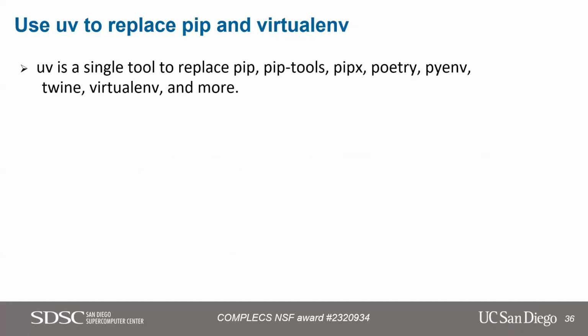And here I also want to introduce uv to replace pip or virtualenv when installing Python packages. uv is a single tool to replace pip, pip-tools, pipx, and many other pip installation tools listed here.